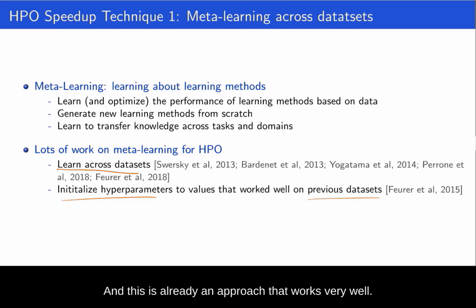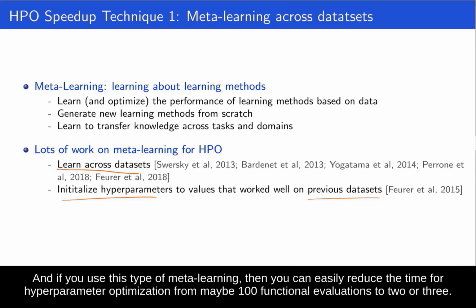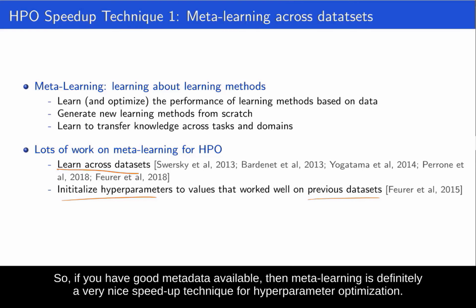And this is already an approach that works very well. If you use this type of meta-learning, then you can easily reduce the time for hyperparameter optimization from maybe 100 function evaluations to 2 or 3. So if you have good metadata available, then meta-learning is definitely a very nice speedup technique for hyperparameter optimization.